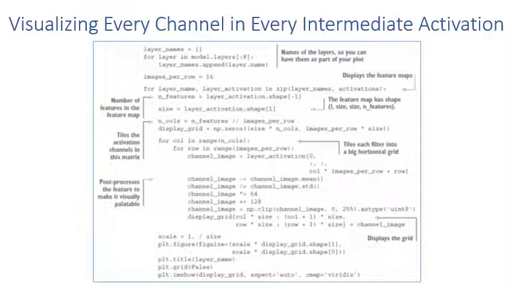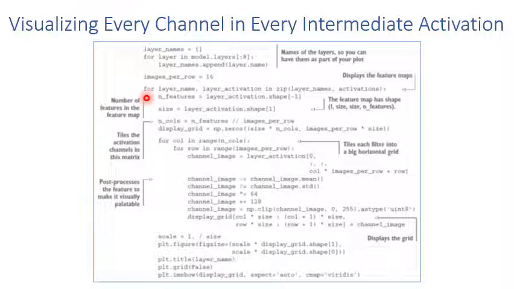By repeating the previous method, we can visualize every channel in every intermediate activation. First, we want to extract the names of the layers, so we go through the model layers and append the layer names. Then we select how many images we want to show per row.